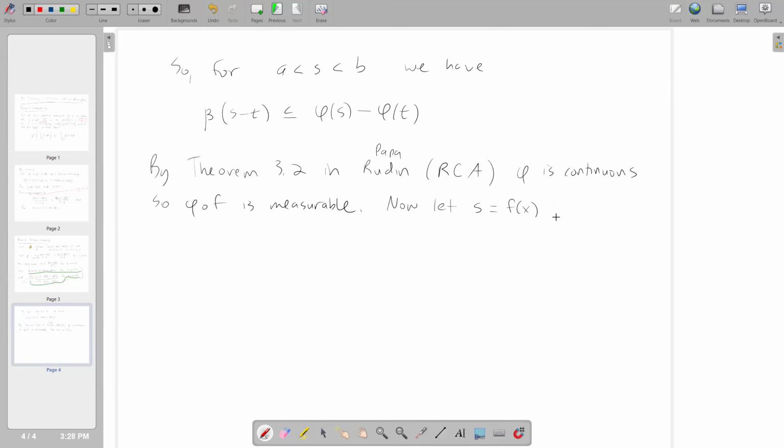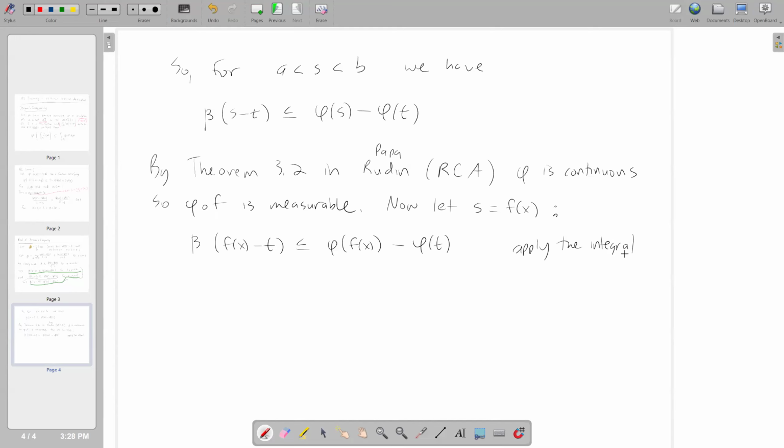So that means we get beta of f of x minus t is less than or equal to phi of f of x minus phi of t. And now apply the integral.